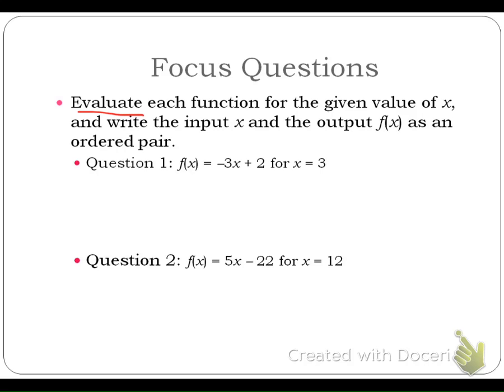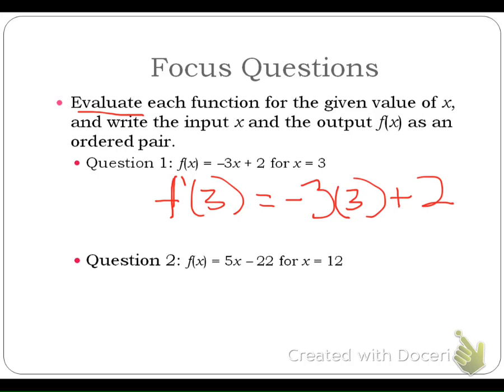So let's try this. Question number 1, we have the function f of x is equal to negative 3x plus 2, and they want us to evaluate it for x of 3. So what we'll say is, with this function, f of 3, what do we get as our answer? Well, we write negative 3 times our x value that they tell you to plug in, plus 2.